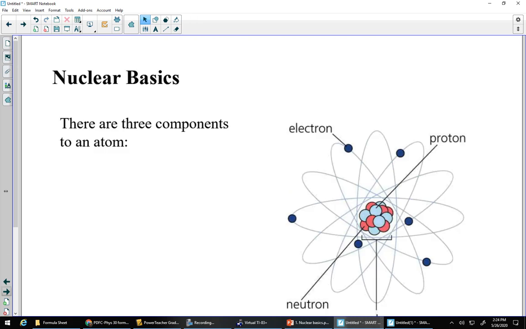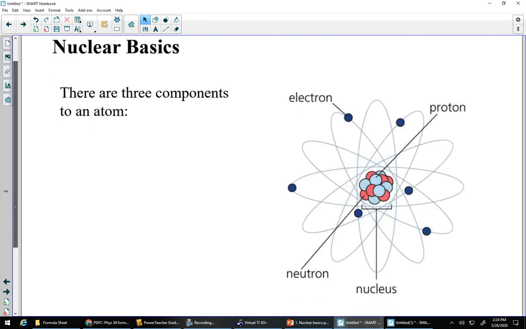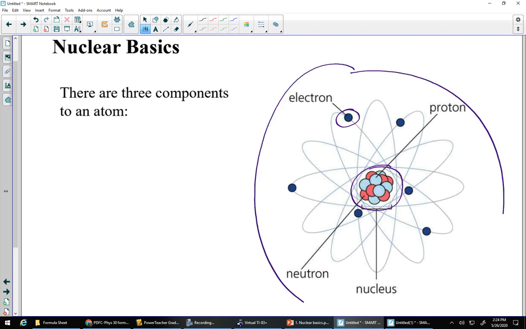Okay, so jumping into some nuclear basics, you should know that there are 3 parts of an atom. There are electrons buzzing around the outside. There are protons and neutrons within the nucleus. Now we've talked about this in the last unit as a whole and how it relates to EMR.